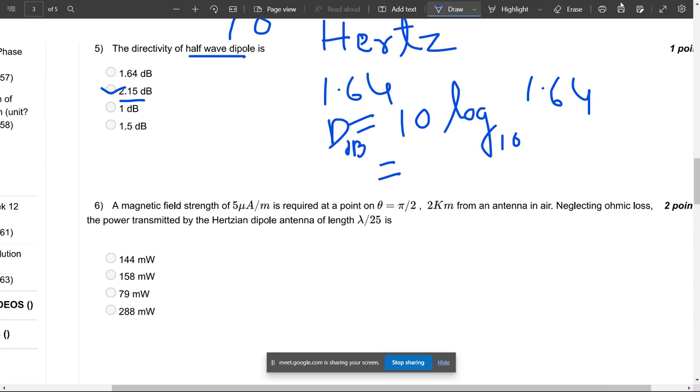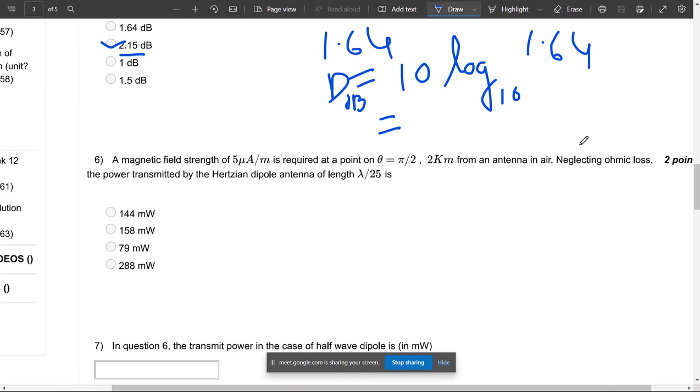Okay, so let's go ahead. A magnetic field strength of 5 microamperes per meter is required at a point on theta is equal to pi by 2, 2 kilometers from an antenna in air.